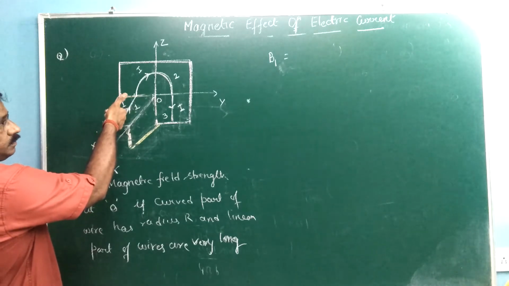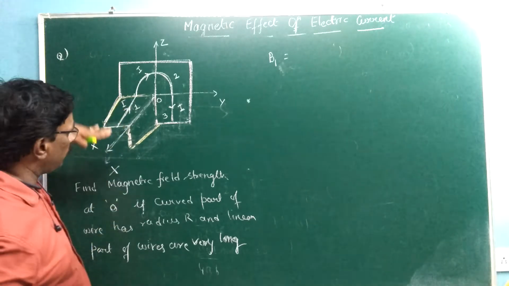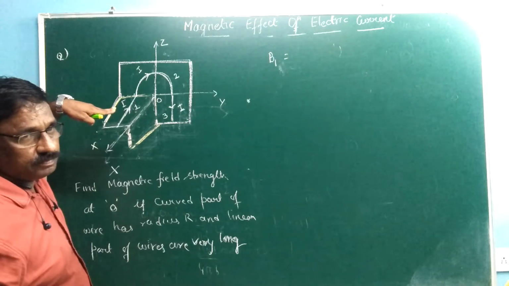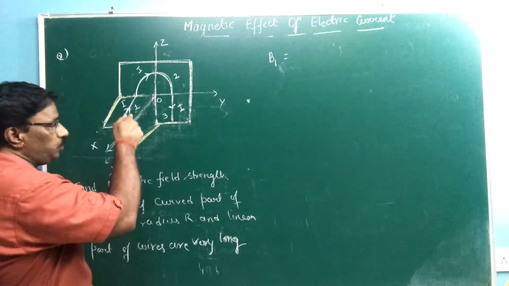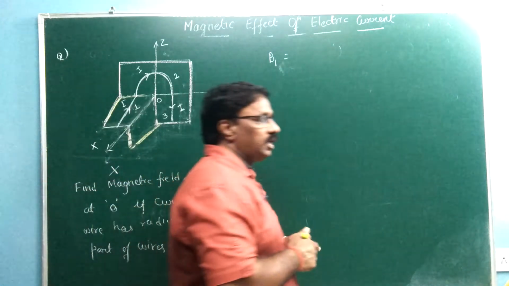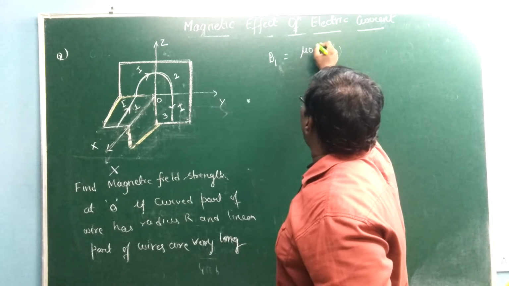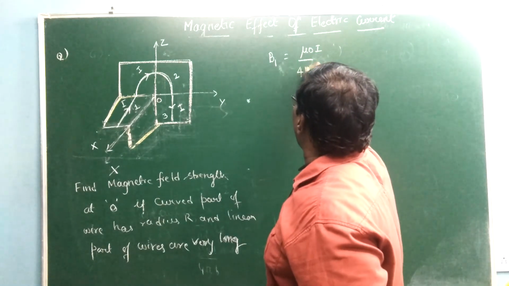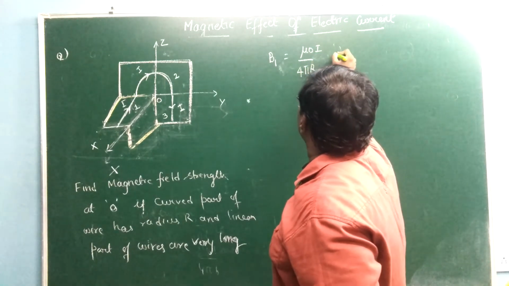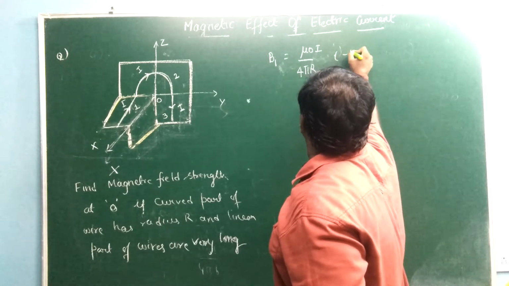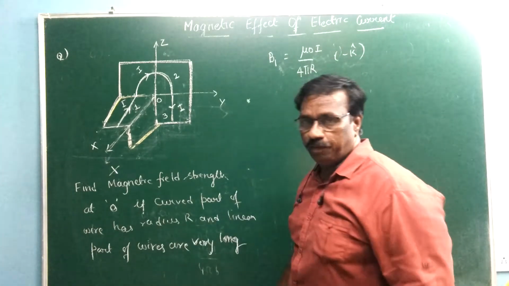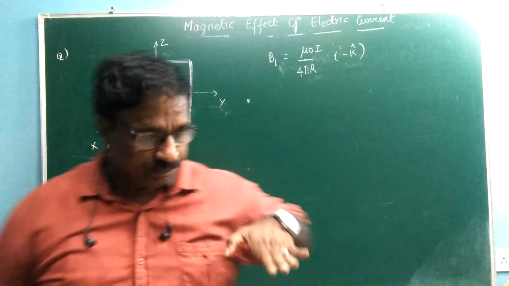It is like this. So it is in this manner, like the xy plane. So the field is directed into, meaning away from you. Away from you is mainly the z axis. So mu naught I by 4 pi, distance is r, direction minus k cap. Same as the previous one. It is like this.